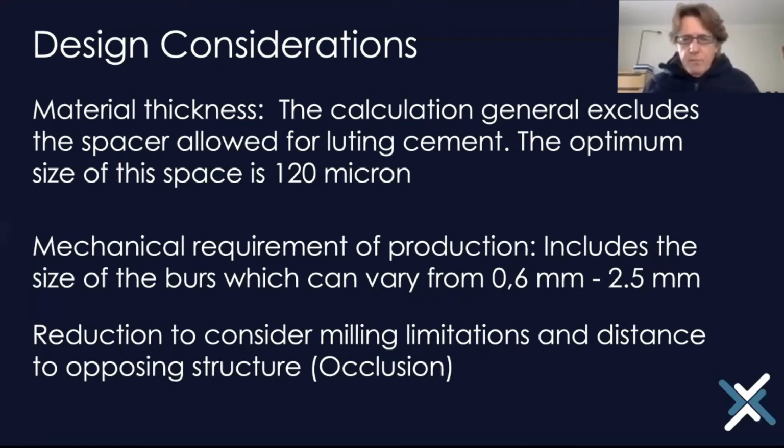When you do have that material, then you have to sinter it. That is a glass ceramic, an infiltrated glass ceramic, and you have to make sure that it's going to be cut by a diamond burr. The minimum thickness of those burrs for most of the systems varies, with a tip of the burr from 0.6 millimeters to 2.5. So when you prepare, you've got to take that into consideration.